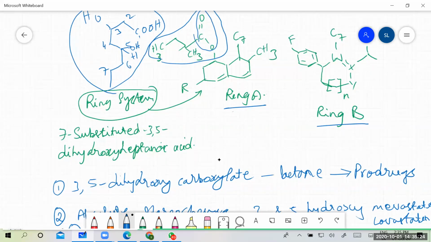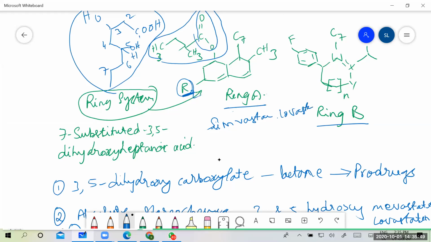Then the third point in the ring A system is that methyl substitution at the R2 position increases the activity. Example, simvastatin.